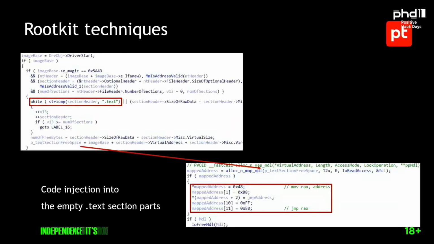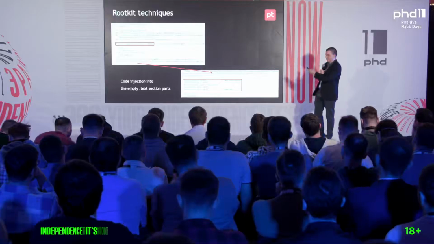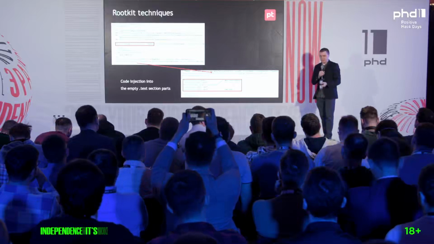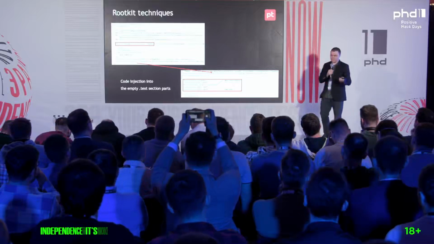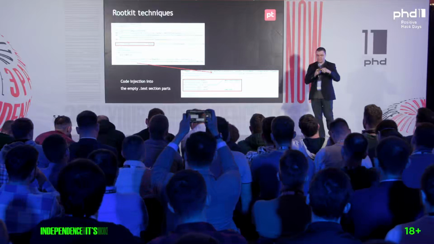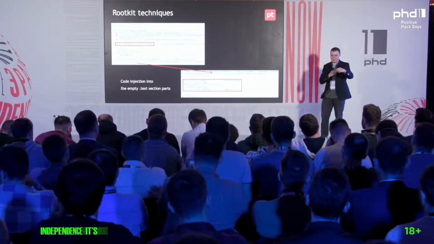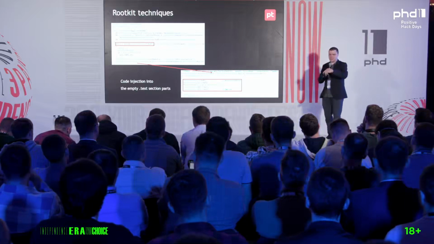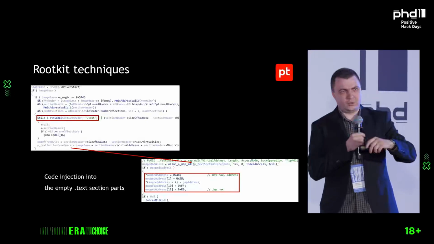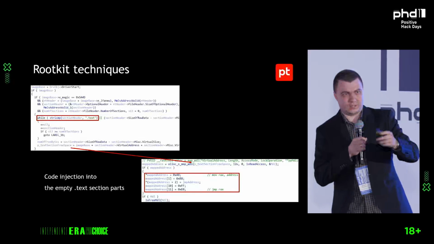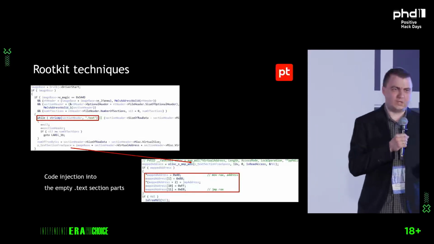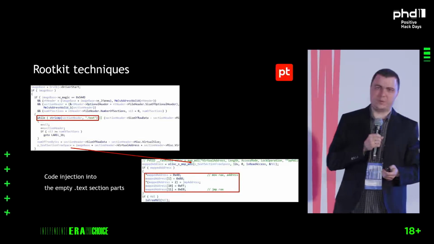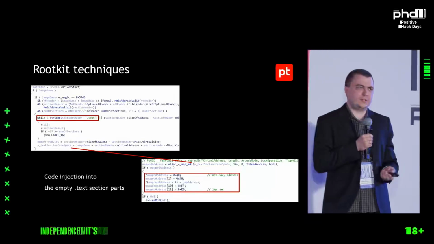And there is a more elegant way of making the driver do something it shouldn't be doing. We can look for code sections in it that are empty. Well, you all know that executable files have this alignment, and there will be empty space there filled with zeros. So you can write there, and then you can do pointer substitution so that it points to a new function. It's very neat, isn't it?